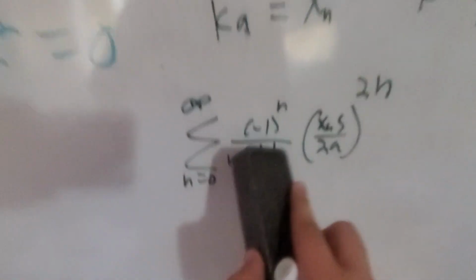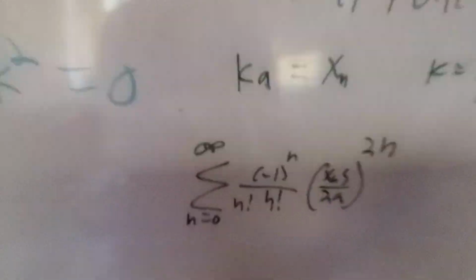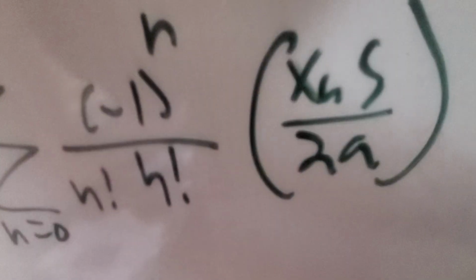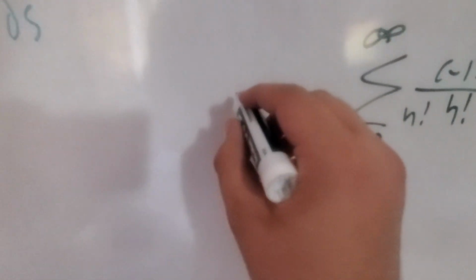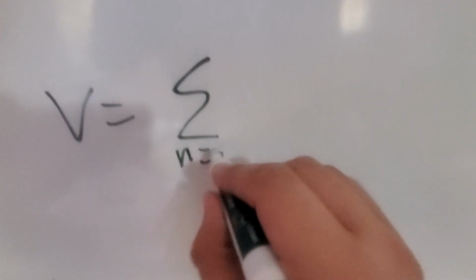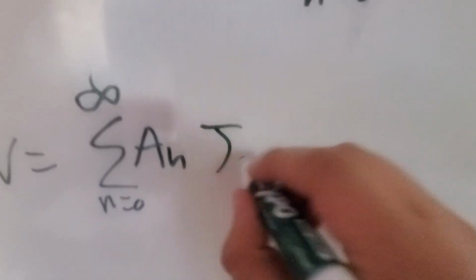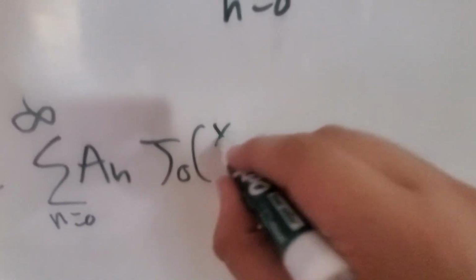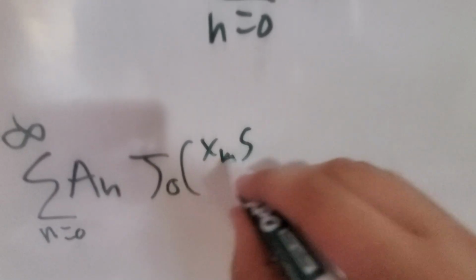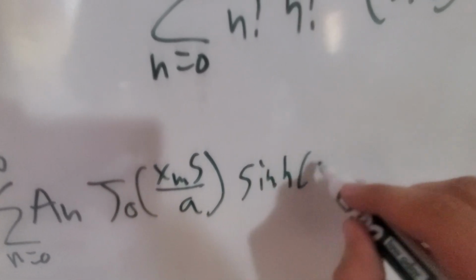And so our final solution for the potential will be J0 of xn over a times s, which I'll just go ahead and write down here. Our potential equals the sum of a constant to weigh them all, times J naught xm s over a, times hyperbolic sine.